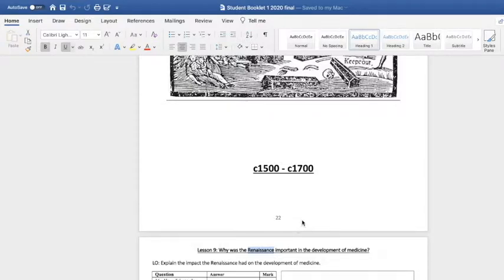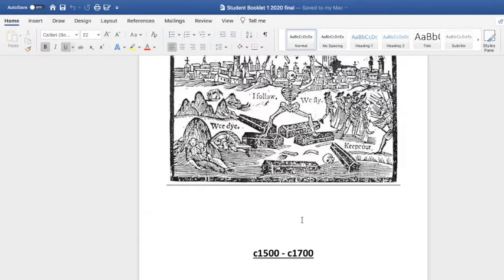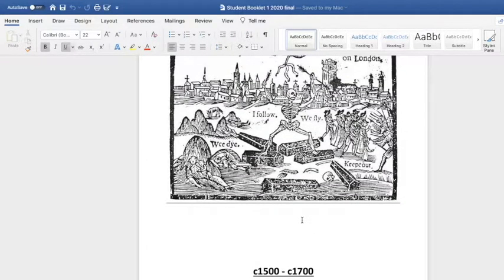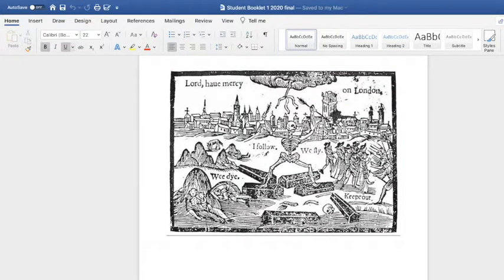Just to give you some context here, after the fall of the Roman Empire, that's when the Middle Ages began. And the Middle Ages is a part of an era known as the Dark Ages. During these Dark Ages, as you can imagine, the idea is there was a loss of knowledge.